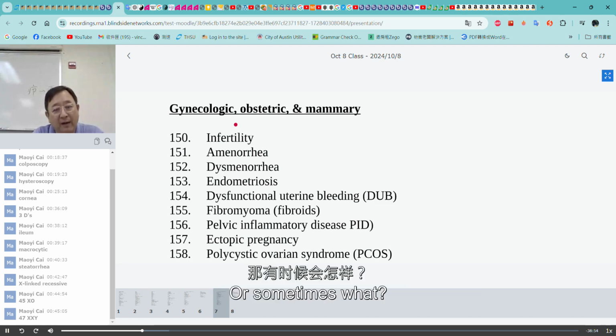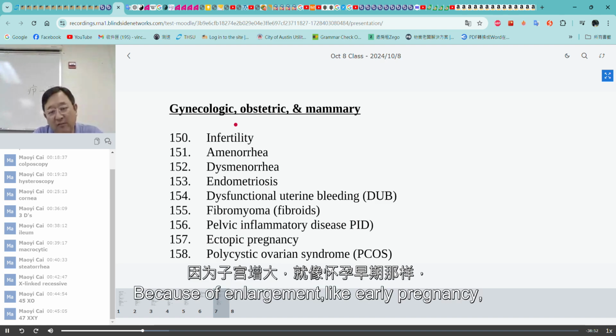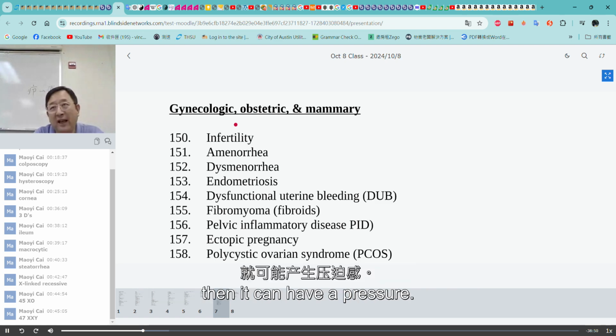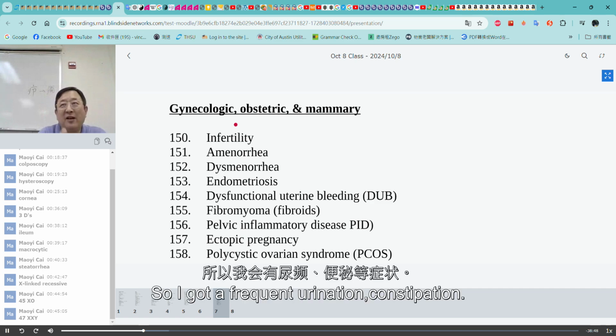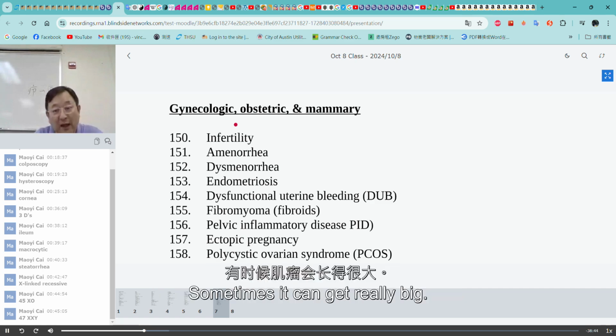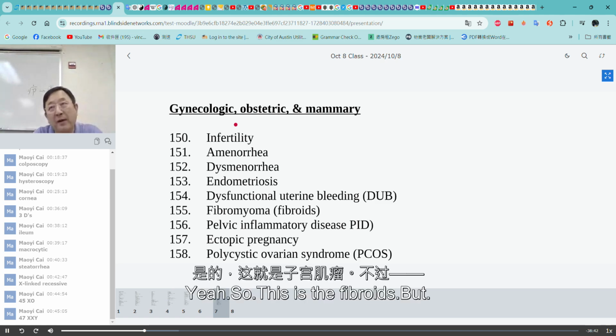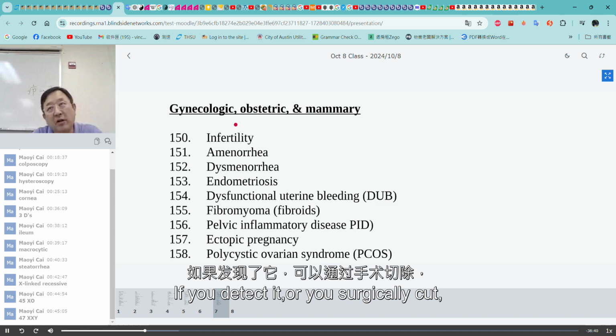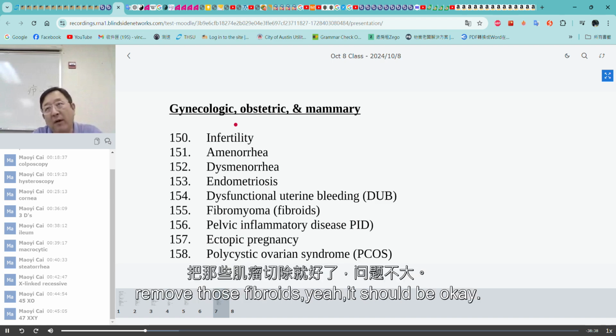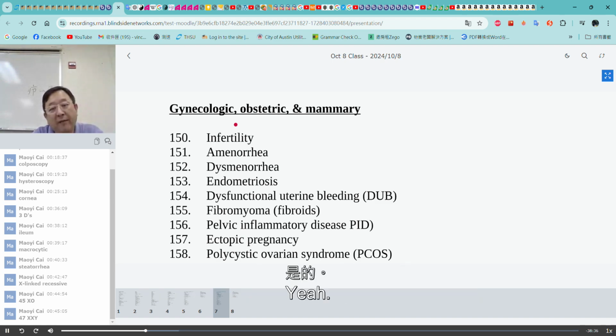Because of enlargement, like early pregnancy, it can cause pressure, so you get frequent urination, constipation. Sometimes it can get really big. But if you detect it, or you surgically remove those fibroids, it should be okay. So fibroids are a benign smooth muscle tumor.